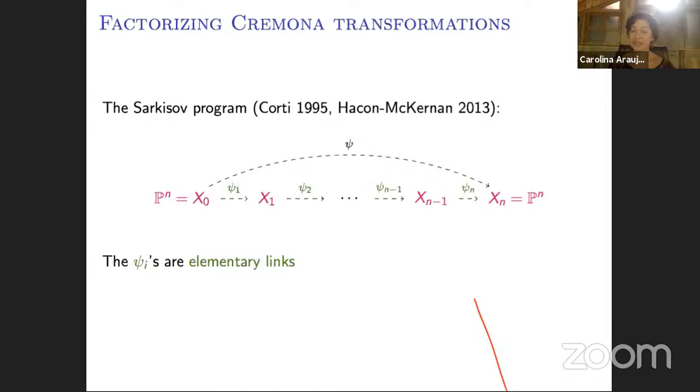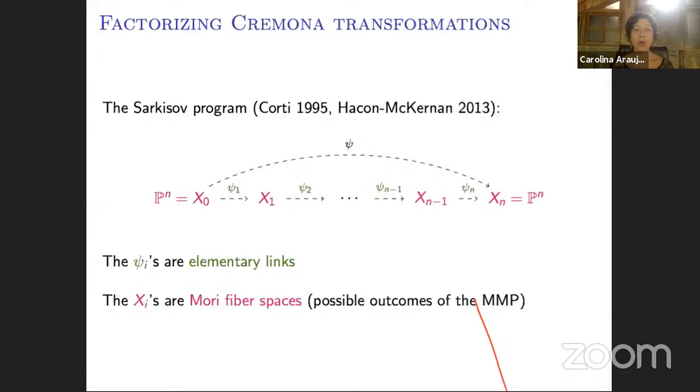So in order to get a decomposition theorem in terms of elementary birational maps, you have to allow for other varieties in the middle. These are what we call Mori fiber spaces. These are possible outcomes of the minimal model program. Remember, I told you that in the minimal model program, given a projective variety, it gives a simplest representative in its birational class, but this simplest representative is not unique.